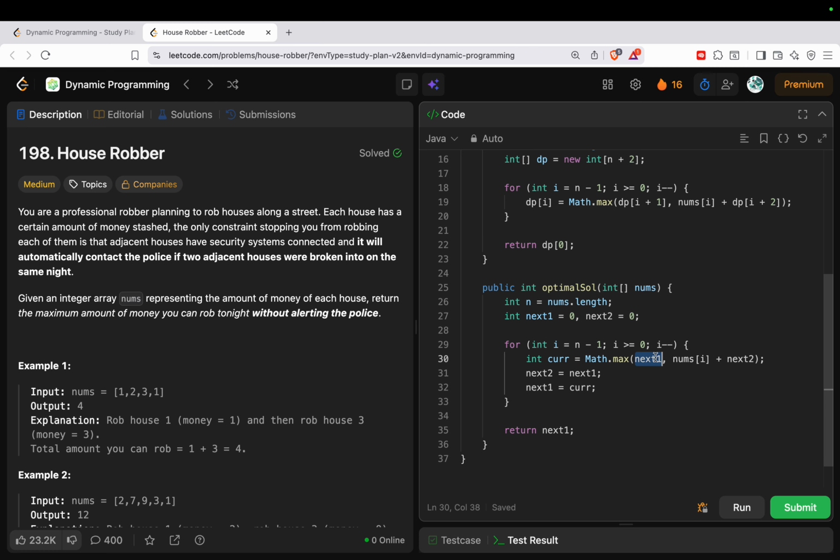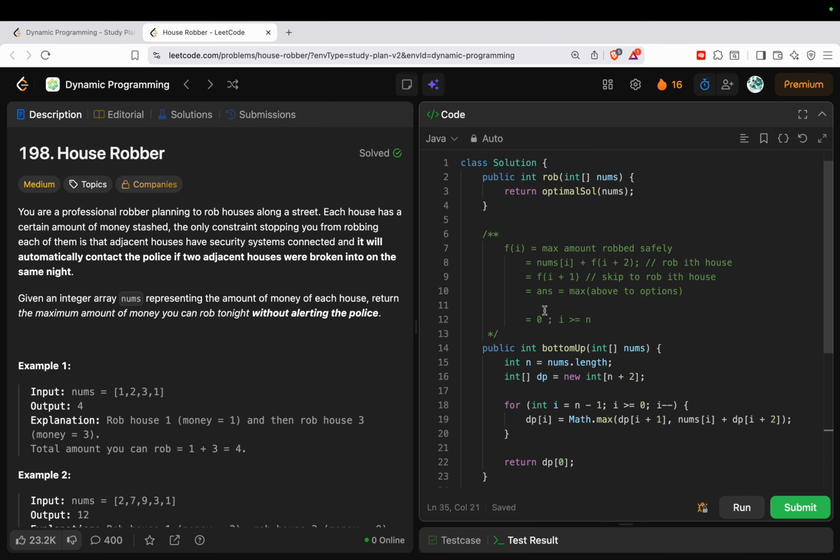If I skip, then my answer will be present in next one, or if I choose to rob the ith house, my answer will be nums of I plus next two. Once I have done calculating, next one will become next two, and current will become next one, for the next value of I. In the end my answer will be present in next one.